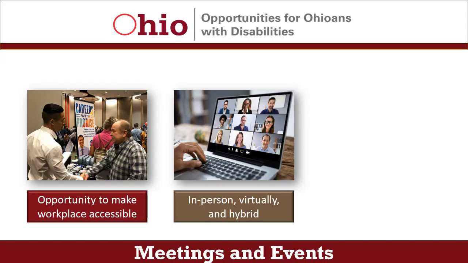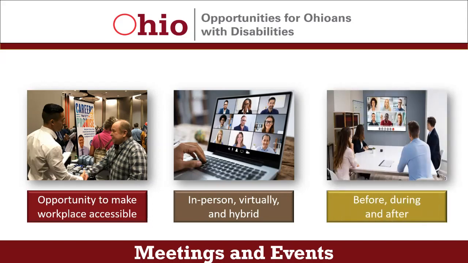So we are going to talk about what can be done before, during, and after meetings and events to make them accessible. Some of these ideas will apply to all environments, and some will be specific to whether the event is occurring in person, through a virtual platform, or a combination of both.